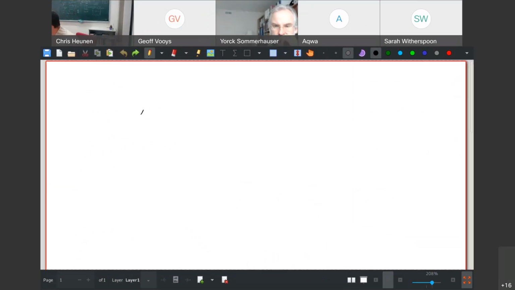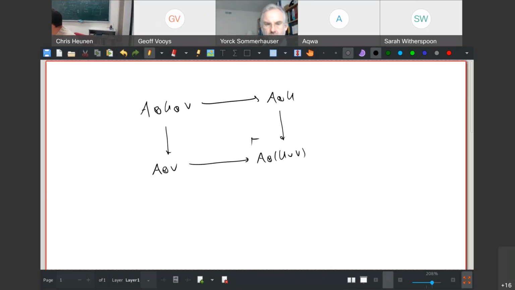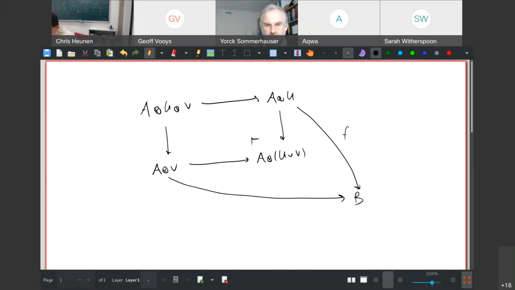So if I draw the square that we have here, the definition was that this is a push-out. Now I have a map f and a map g from A to B. I want them to be equal. So what I can do is I can put f tensor u here and f tensor v here. I have assumed that u join v is 1.